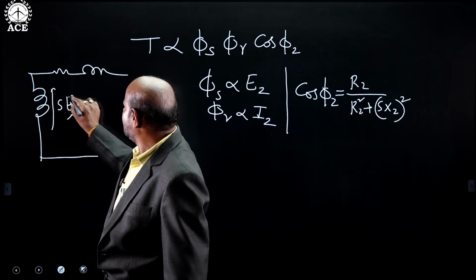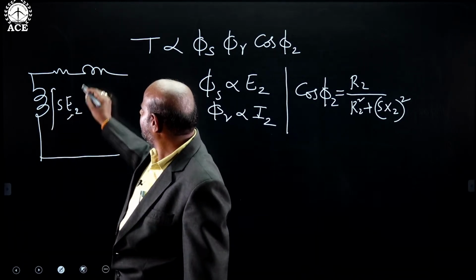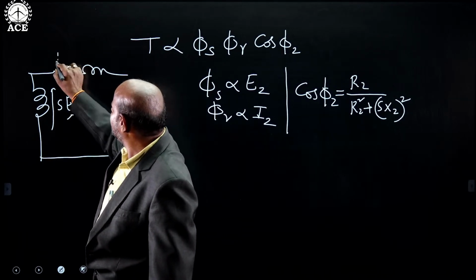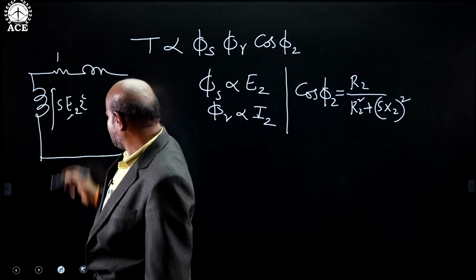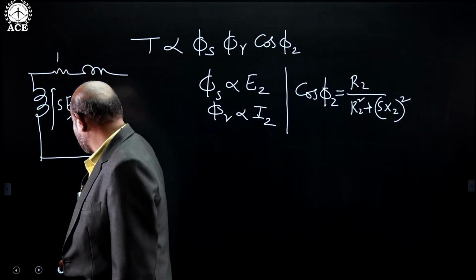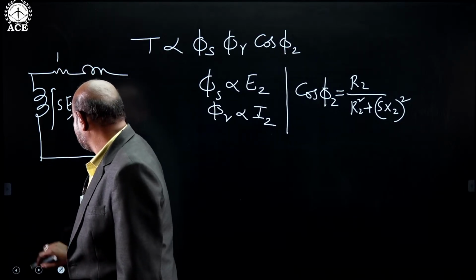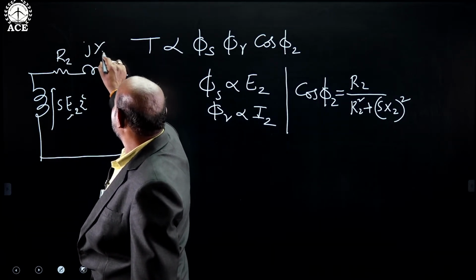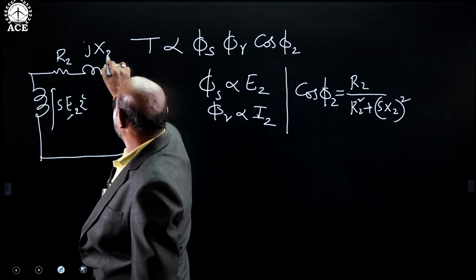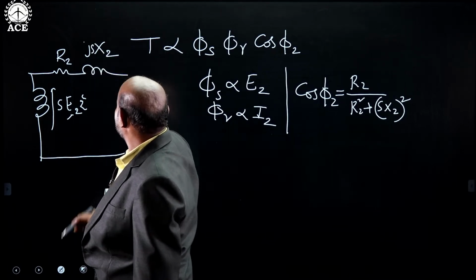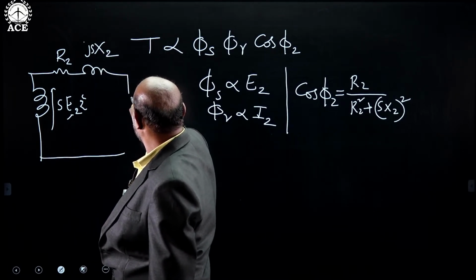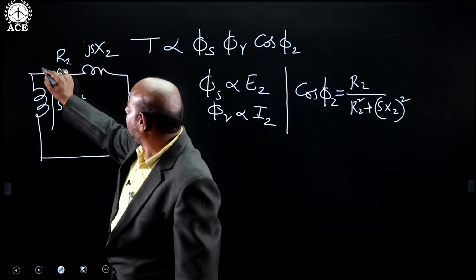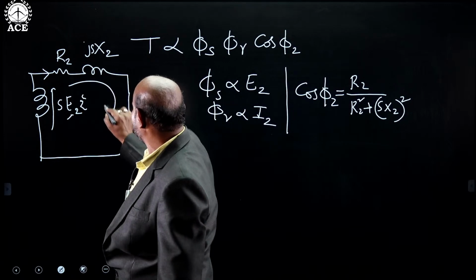The induced EMF is E2, slip is S. The rotor resistance is R2 and rotor reactance is S X2. The current flowing in the rotor circuit is I2.